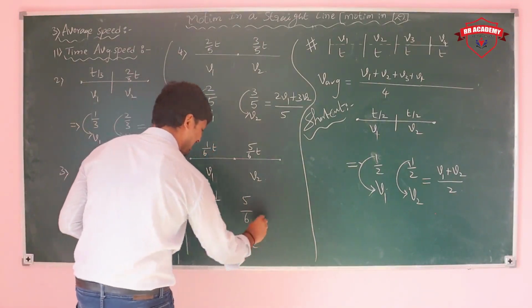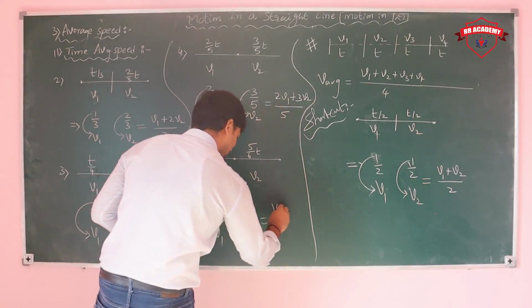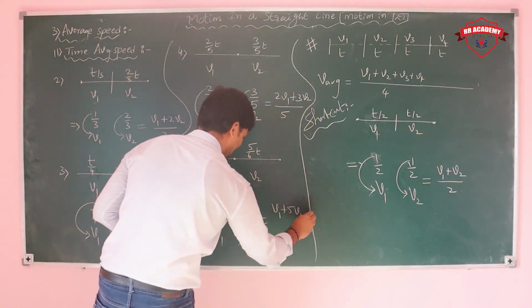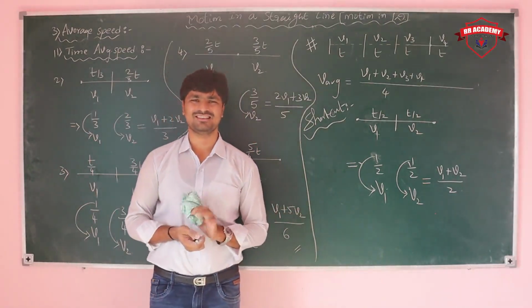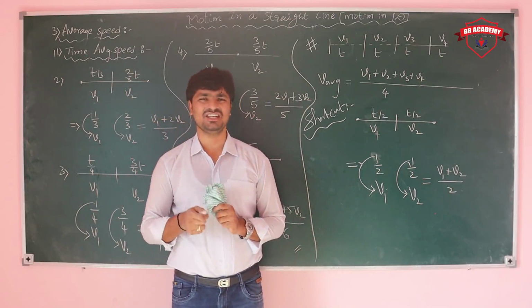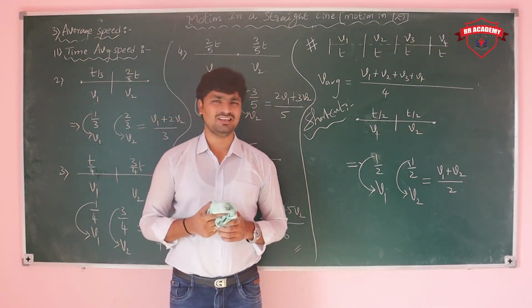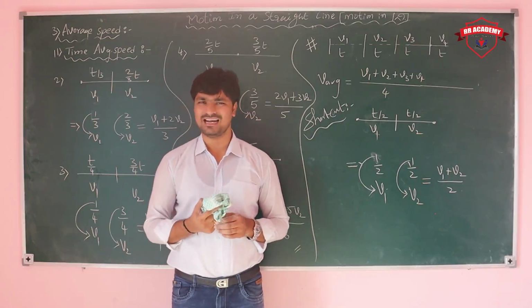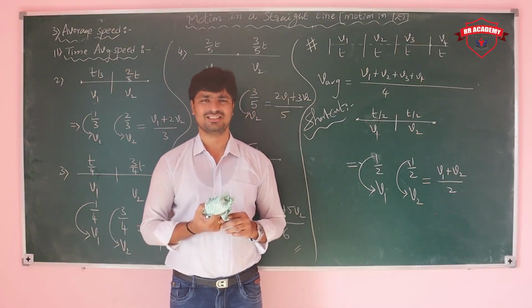So then the average is V1 plus 5 V2 upon 6. So these are some shortcuts based on average speed, time average speed and distance average speed. Very important, you have to practice it properly, then you will be a successful person.